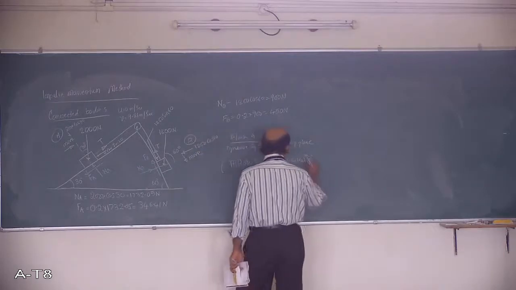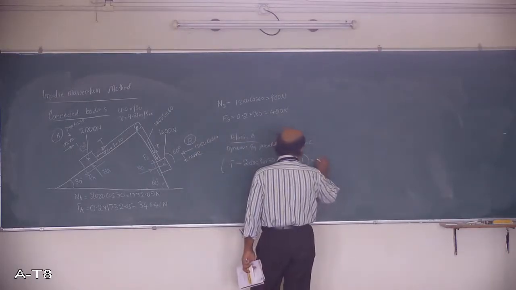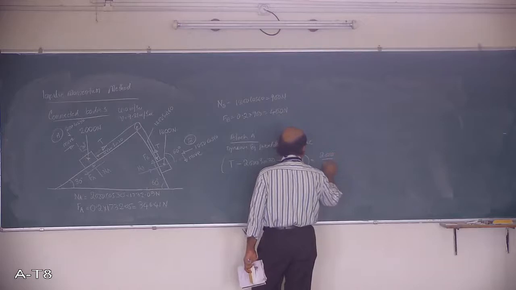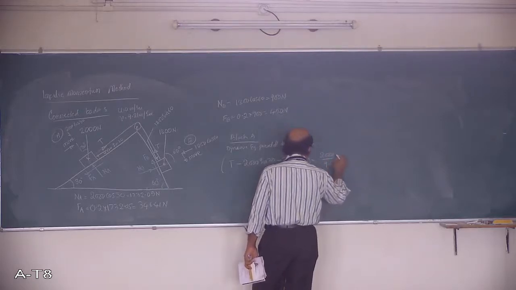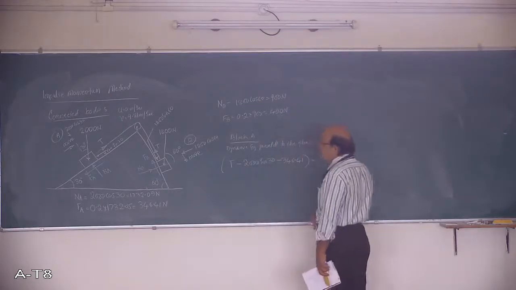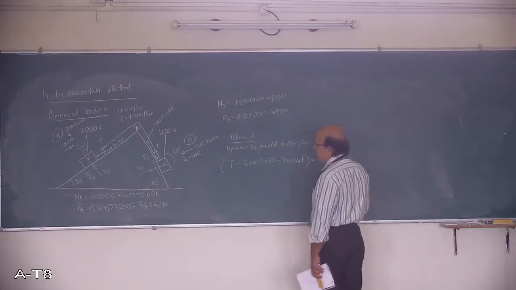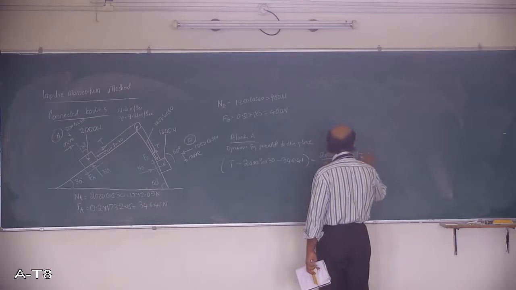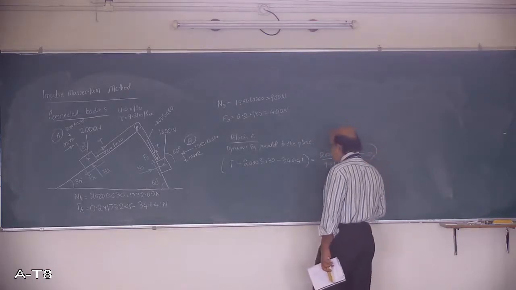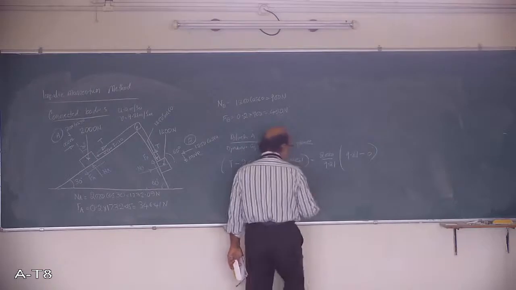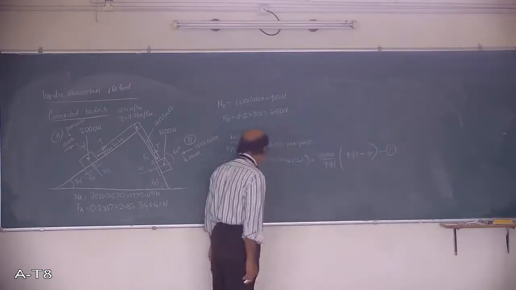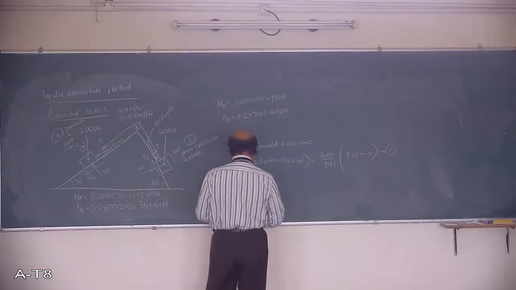That should be equal to W by g, or m. Mass is 2000 Newton divided by 9.81, into initial velocity 0, final velocity 9.81, I know the velocity required. You will get equation 1 from this.